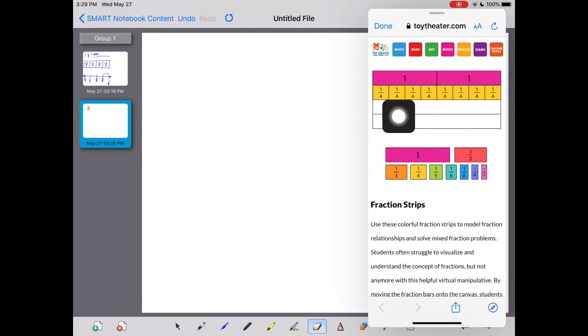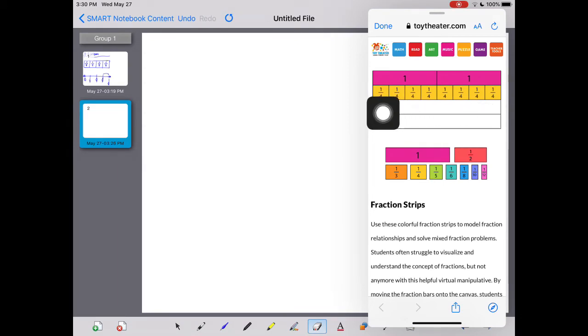What's this fraction? How many fourths do we have here? Well, we know we have 4: 1, 2, 3, 4. Now keep counting: 5, 6, 7, 8. Don't you have 8 pieces here? 4 and 4.